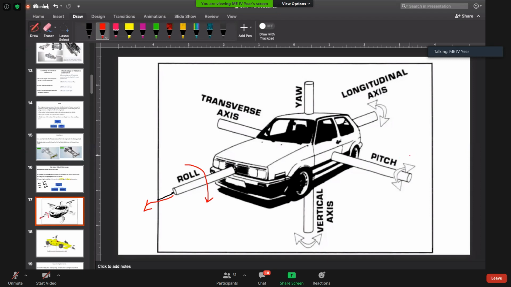This is your pitching motion, where you can see the arrow given here. And the last one is about the vertical axis. If your vehicle rotates about it, that is called yaw motion.